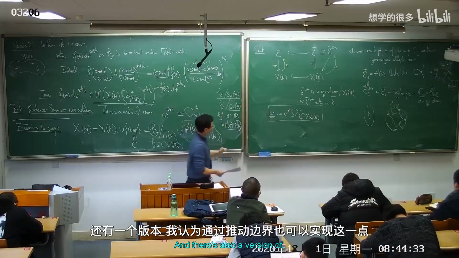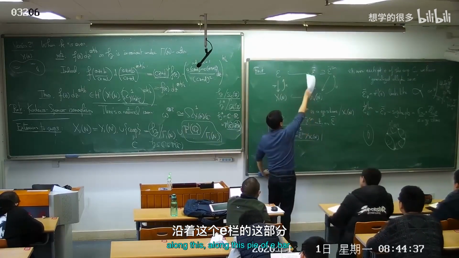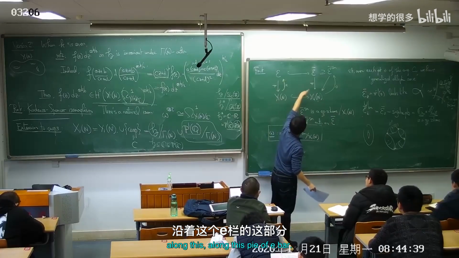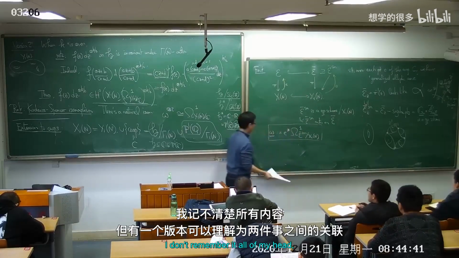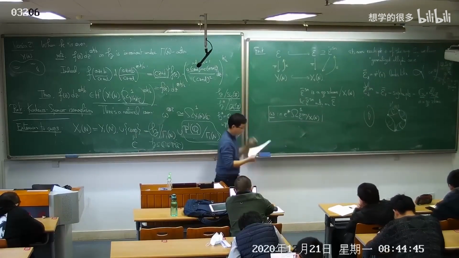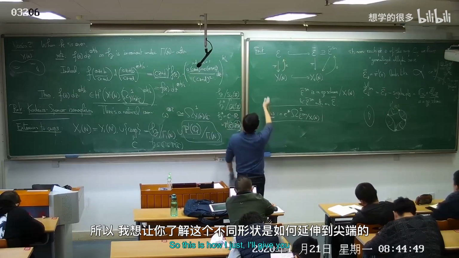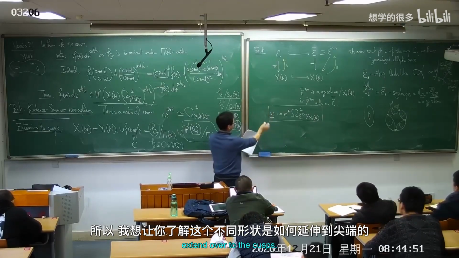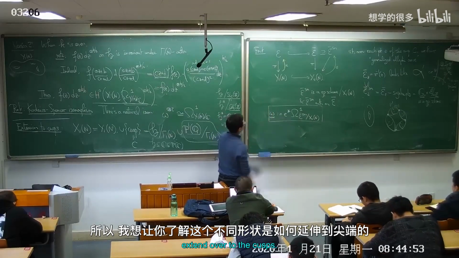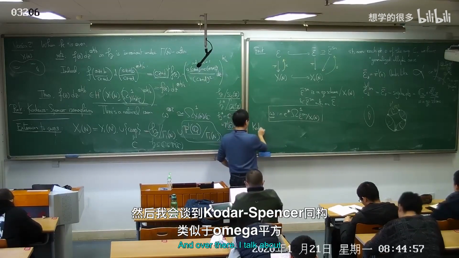And I think there's also a version of this by pushing forward along this pi of E bar. I don't remember it off the top of my head, but there is a version you can also write it as. So this is how I'll give you some sense of how this differential sheaf extends over to the cusps.